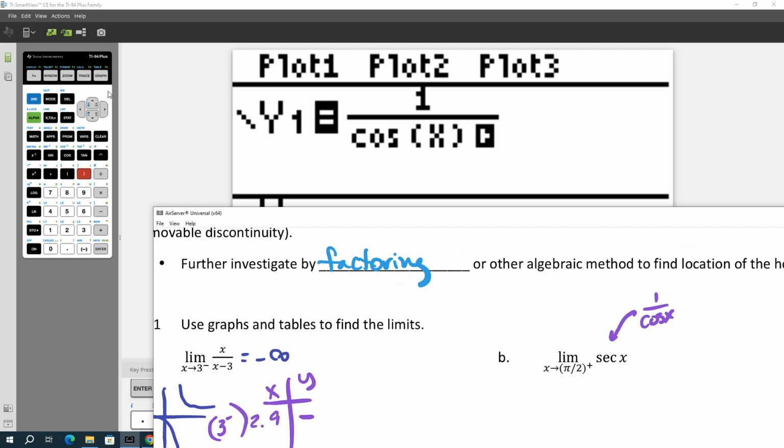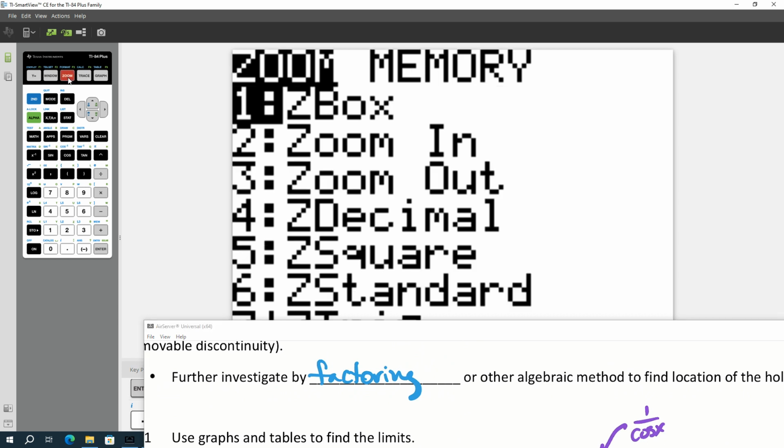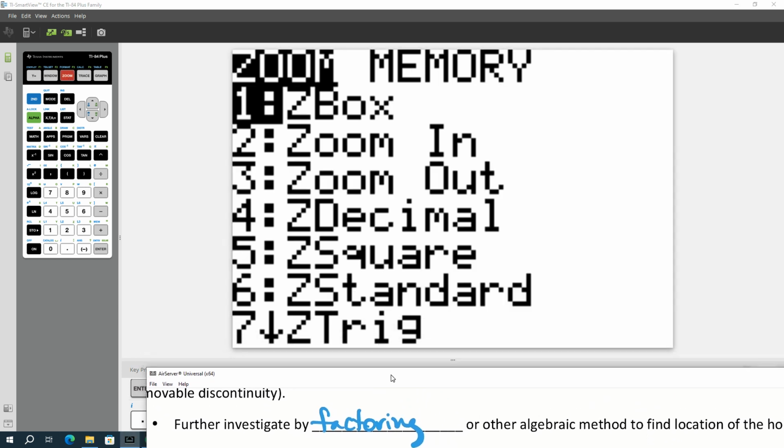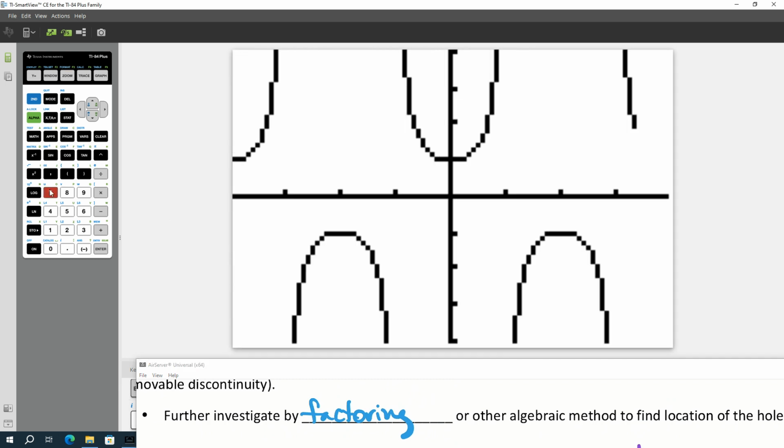So on the graph, this is another thing we haven't done before. I want you guys to hit zoom, and then anytime it has something with some kind of trigonometry in it, we're going to hit zoom trig, which is going to be number 7. That takes us to the independent axis from negative 2 pi to positive 2 pi.